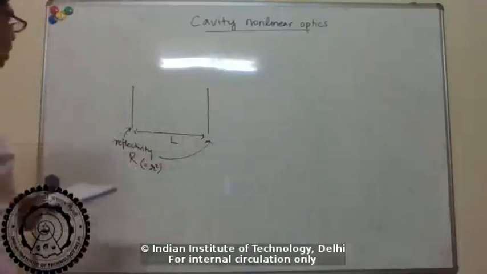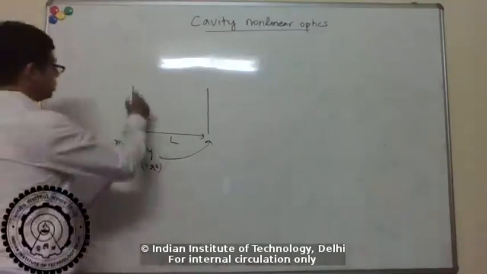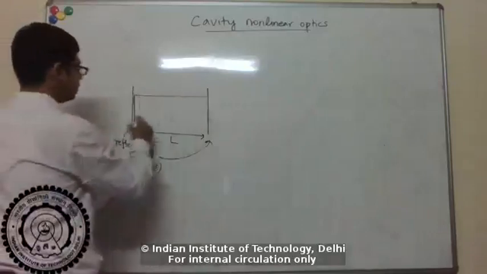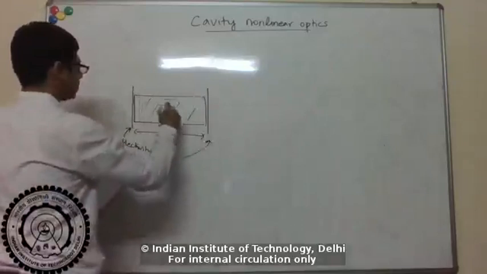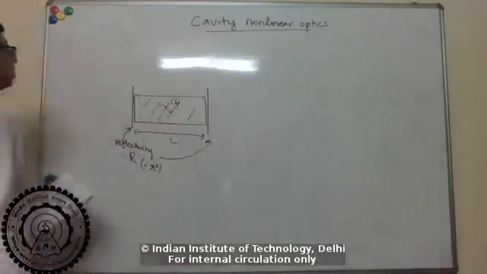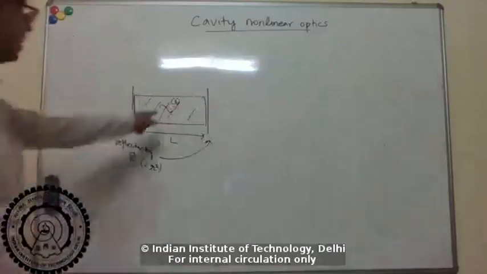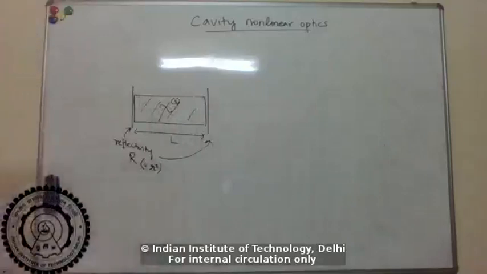And then let's say that the cavity is filled with a medium which has a third order nonlinearity, chi 3.